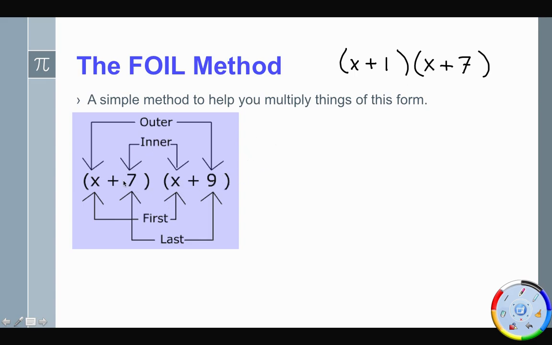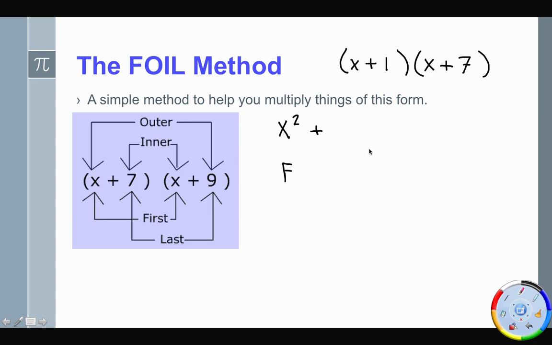And what this does is, again, it's just a simple way of remembering how to multiply two of these things, right? So here, if I was to do the FOIL method, if I was to look at first, I would have x times x, and x times x is going to be x squared. So this would be from my F. My outer is going to be x times 9, and that's going to be positive, right?